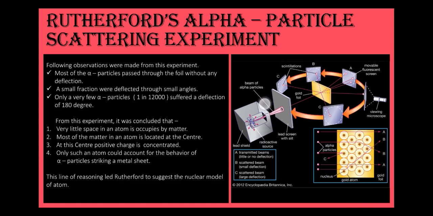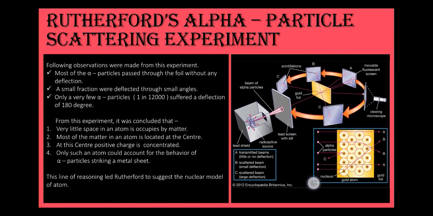You can see the beam of alpha particles, and this is the radium from where the alpha rays are emitted, and here is the gold foil on which the rays fall and are scattered, and these movable fluorescent screens are around the gold foil.